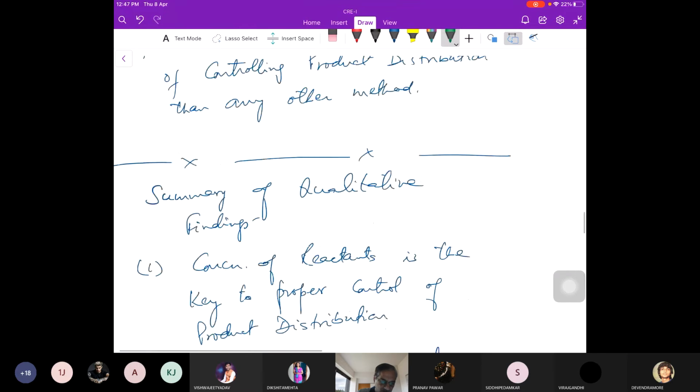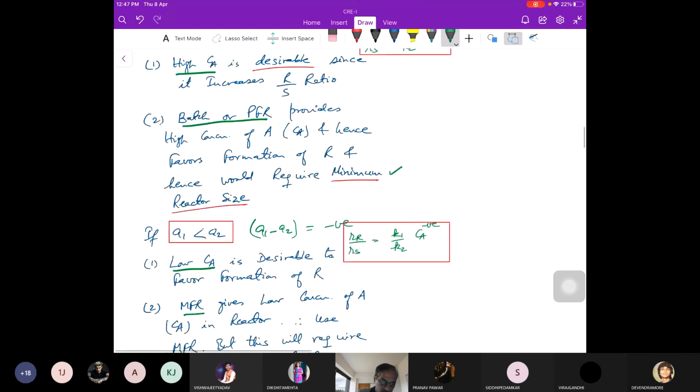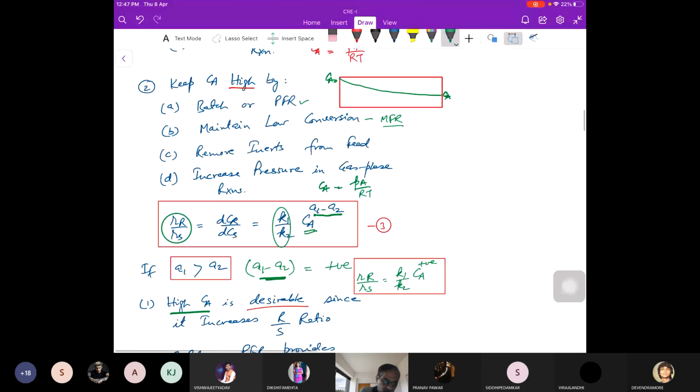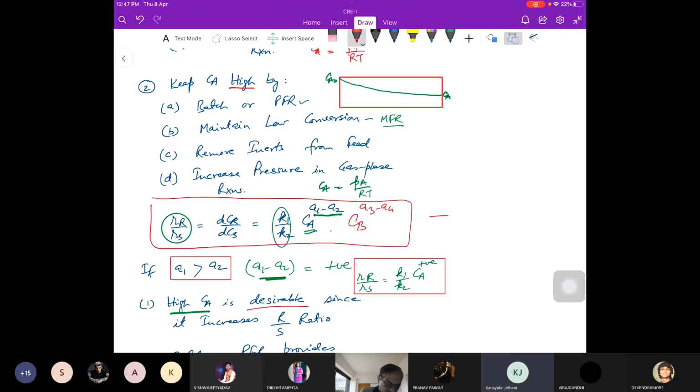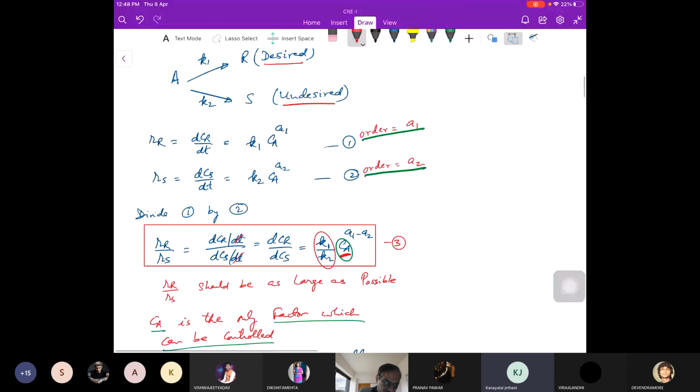Suppose we had two reactants यहाँ पर. क्या हो जाएगा यहाँ पर एक और आ जाएगा CB. तो अगर दो reactant रहता तो ऐसा हो जाता ना हमारा rate equation और ratio of rR to rS. In this case it would have been one more here, यहाँ पर C भी आता था.